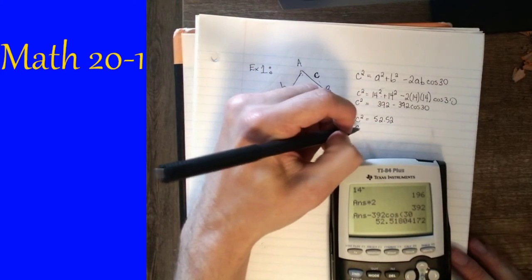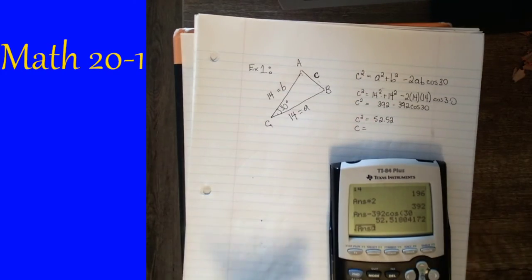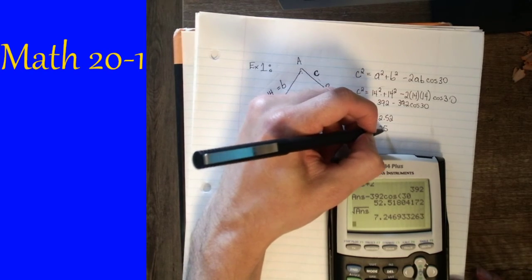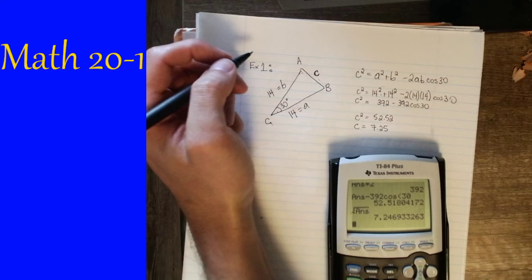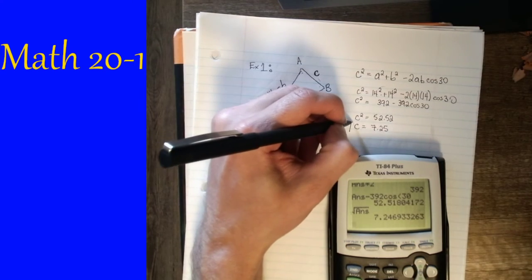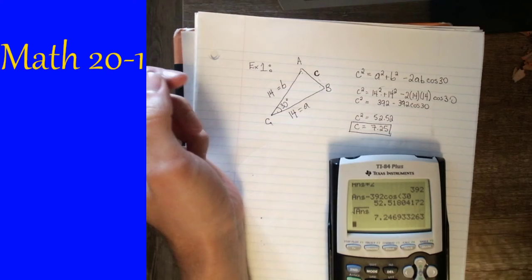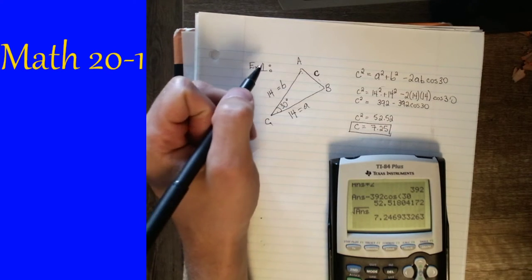So therefore C is equal to 7.25-ish. Okay, so there's my answer for C.